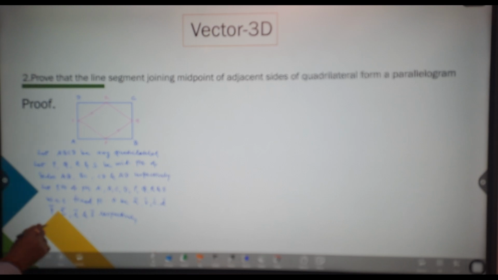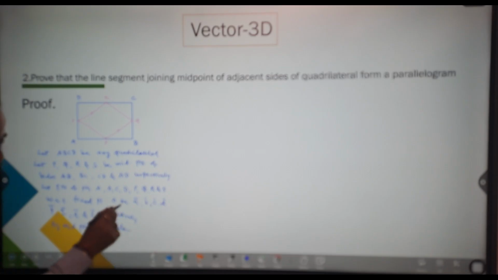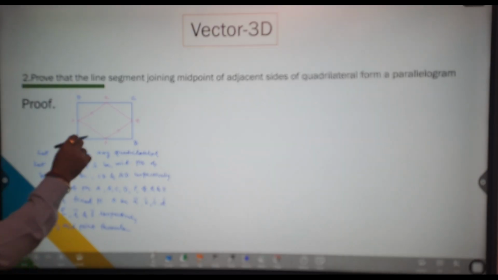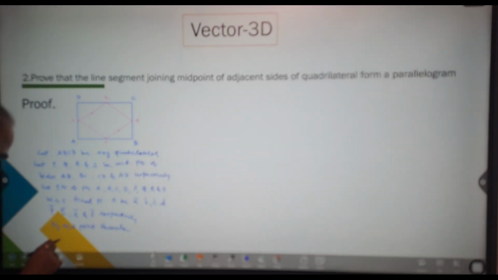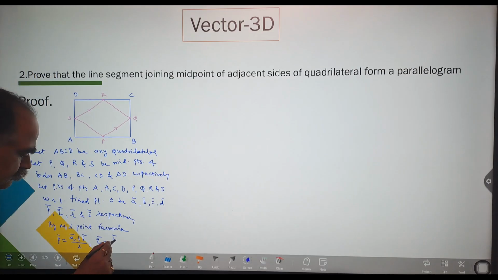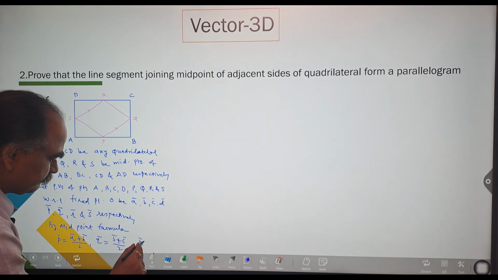By midpoint formula, P is midpoint of AB. So P bar is what? (A bar plus B bar) upon 2. Q bar is what? (B bar plus C bar) upon 2. R bar is what?